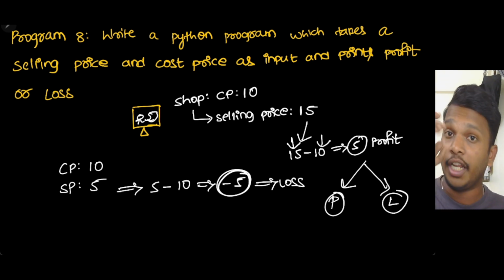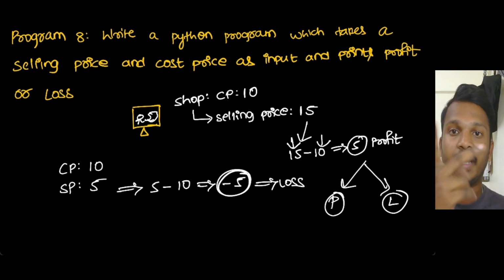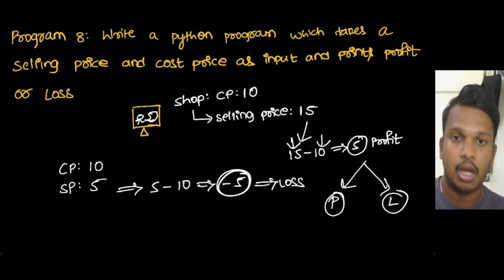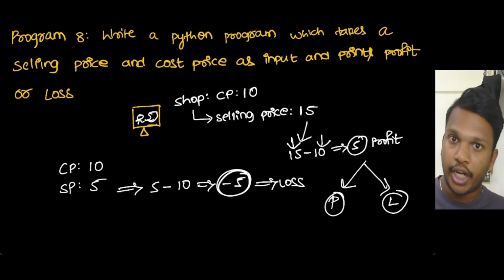You already know that if you have two scenarios, either this or that, either profit or loss, what should we use? We should use the if-else condition. And what is the condition? Now we need to observe this.